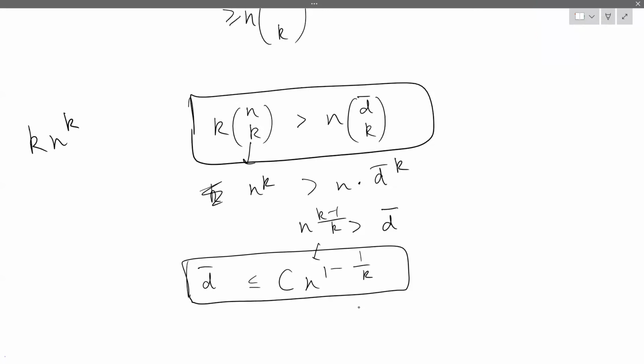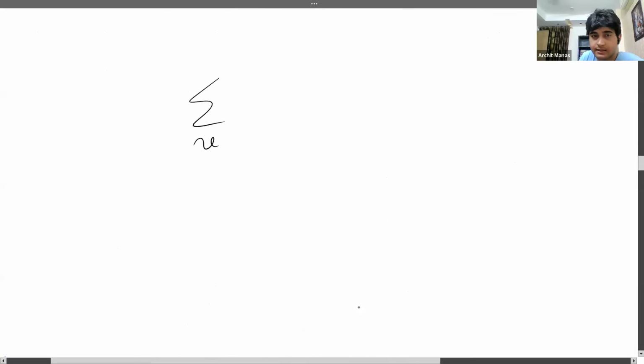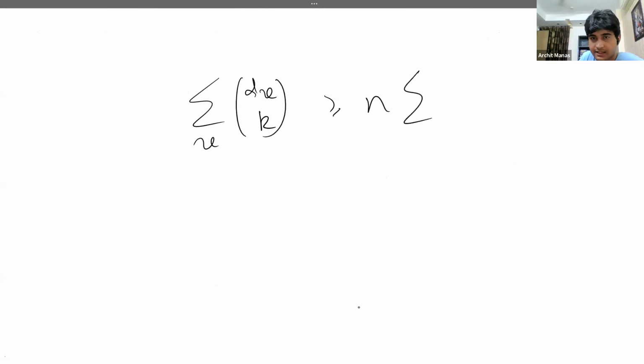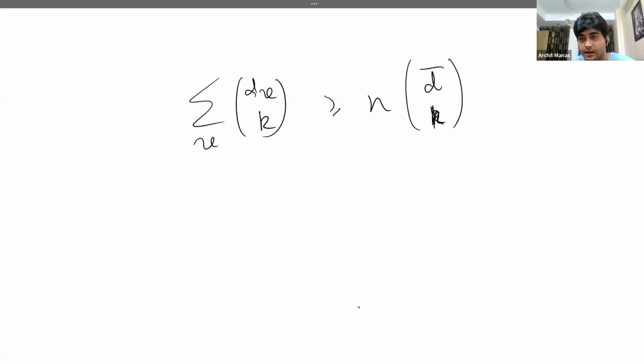So how do you apply Jensen? We applied Jensen here, right? We used Jensen when we said that this is at least n times the average degree. Right here.